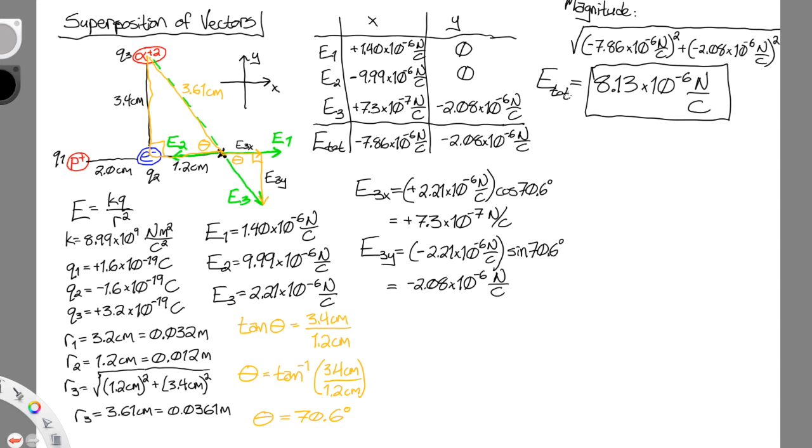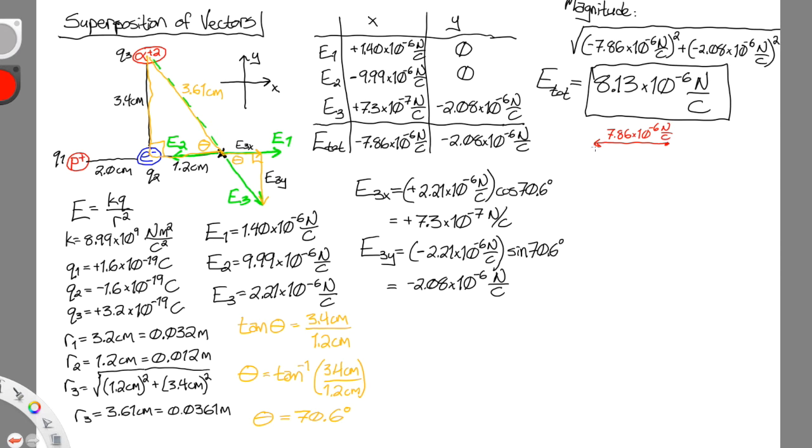So to do that, I recommend actually drawing your vector here. So when I say draw the vector, I mean pick a starting point and then draw your x and y components paying attention to the signs. So the x component here is negative, so we should draw that 7.86 times 10 to the negative 6th pointing to the left, newtons per coulomb.